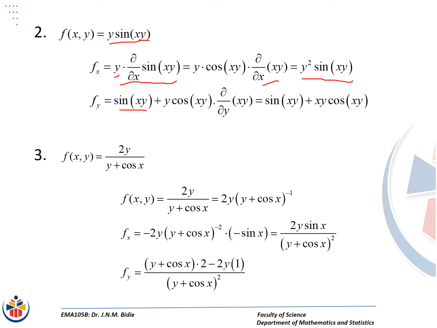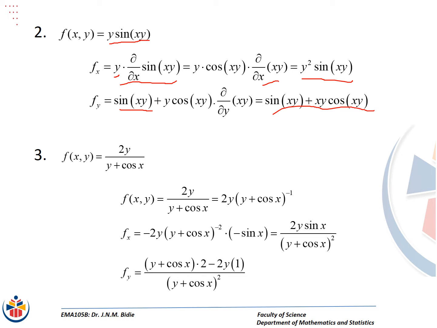Hence we have sine xy plus y times the derivative of sine xy, which we had said is cos xy, times the derivative of xy. So hence we have sine xy plus xy cos xy, because the derivative of xy with respect to y is x.